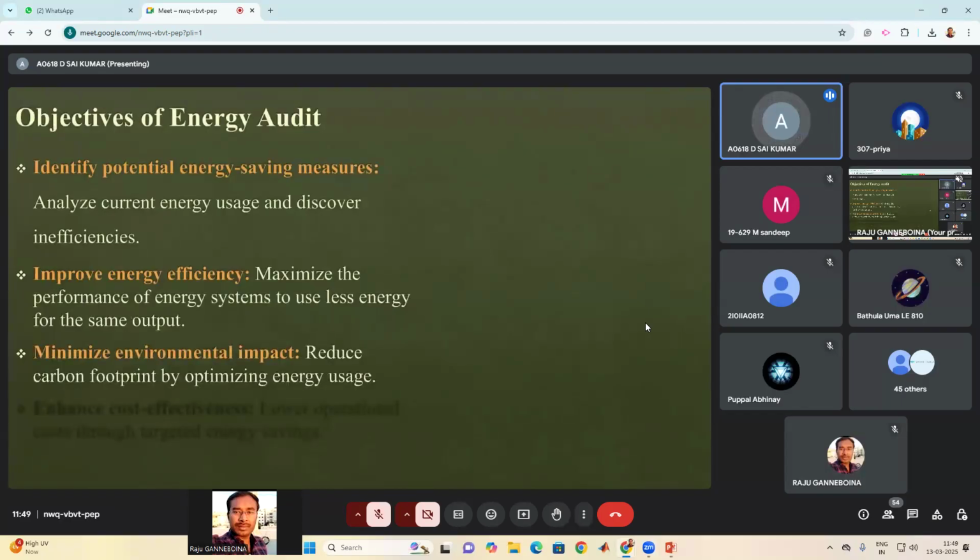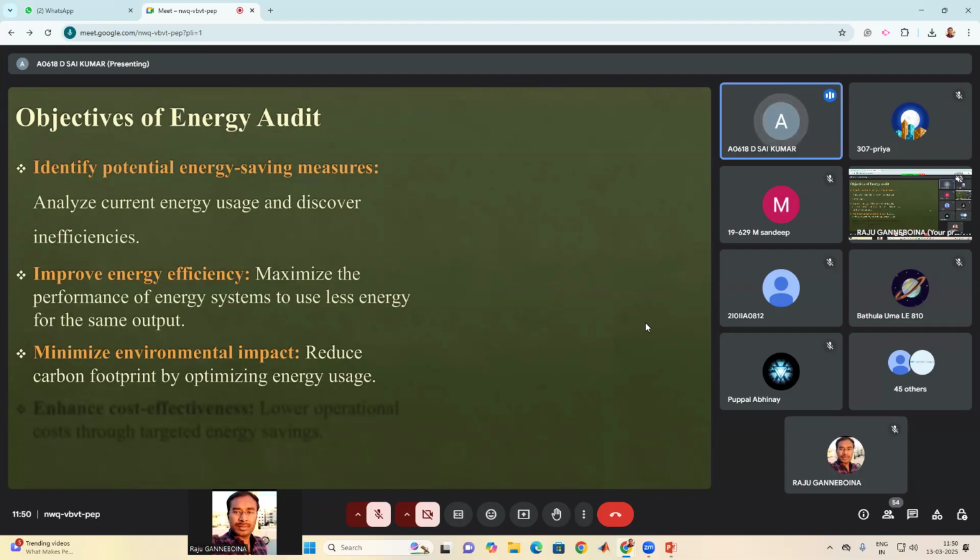Next, minimizing environmental impact, that is, reducing the carbon footprint by optimizing energy usage. And next, enhancing cost effectiveness, that is, lowering operational costs. This is how the objectives of energy audit are presented.